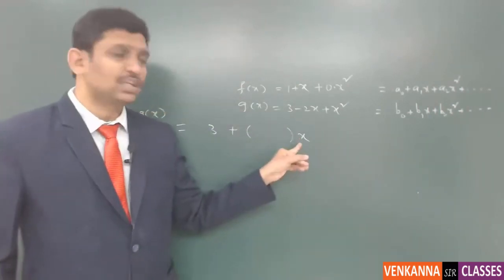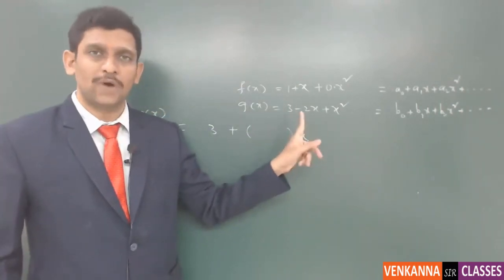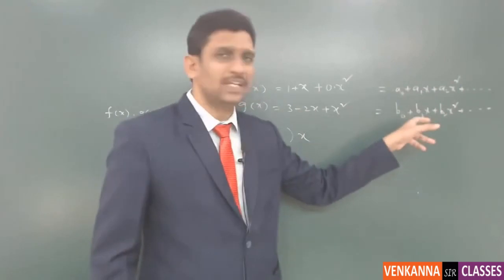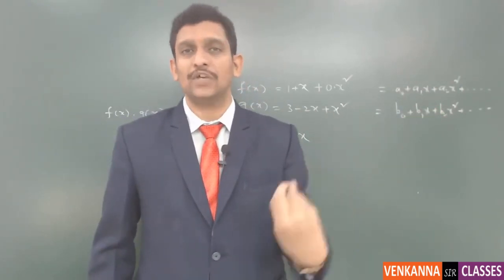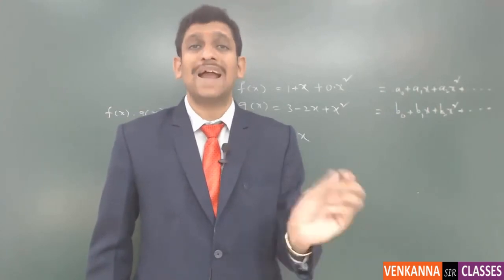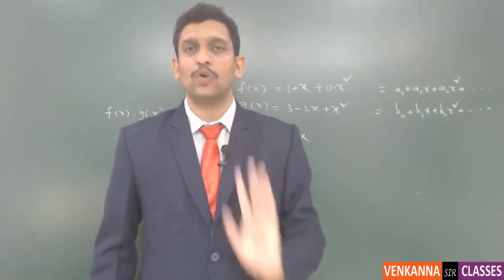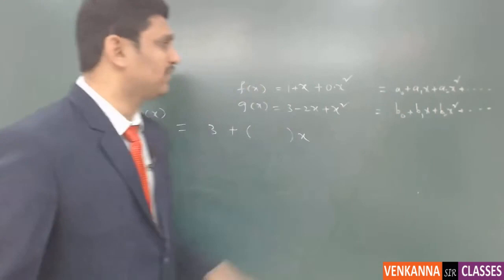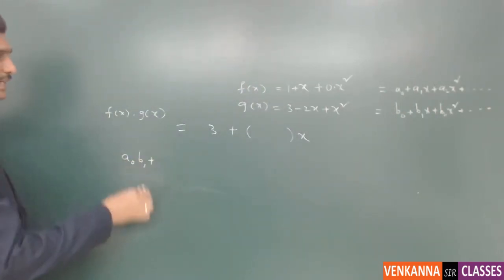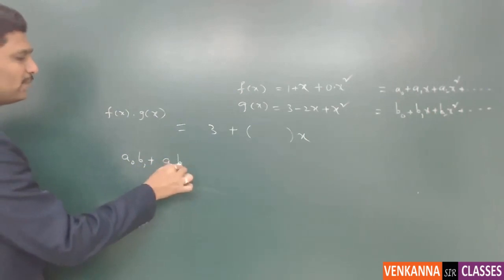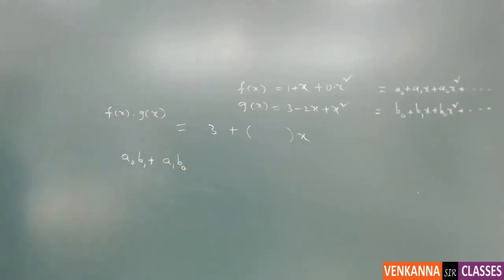So here x power is 1, so we select those a values and b values such that if you add the suffixes, it must be equal to 1. So from that observation, I can say that a0 b1 plus a1 b0 is the coefficient of x.